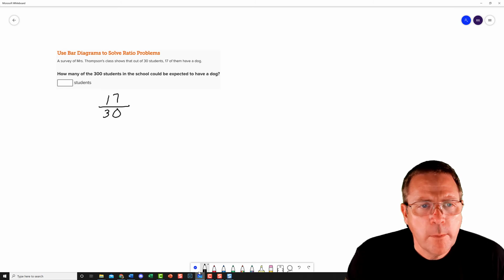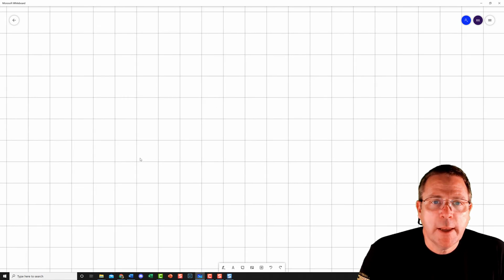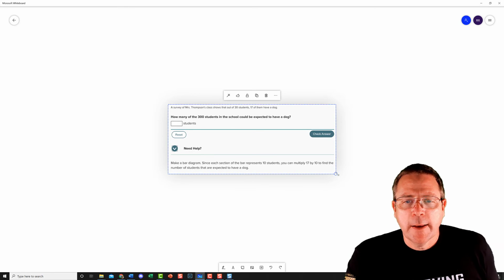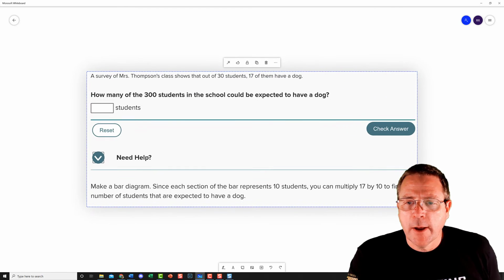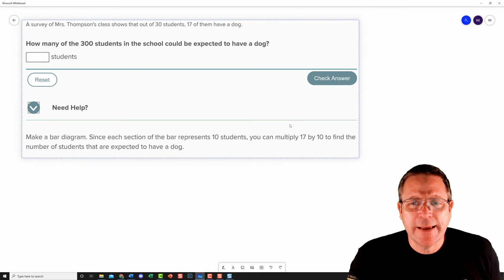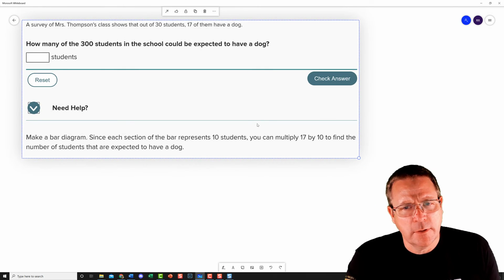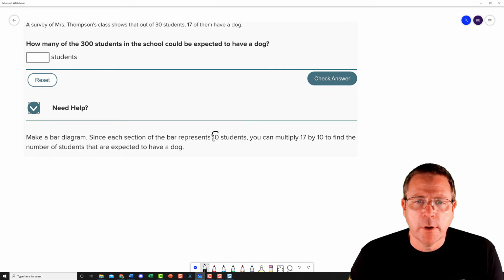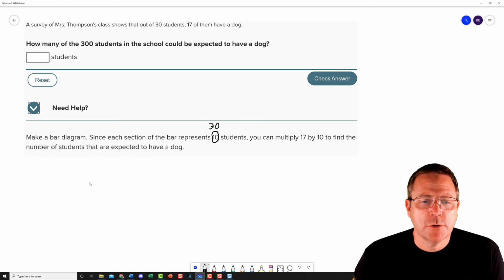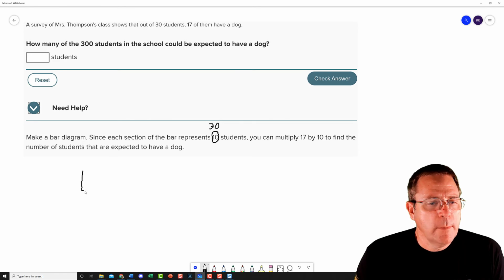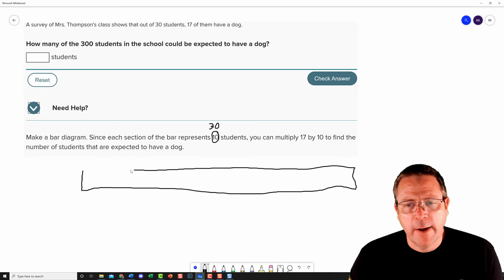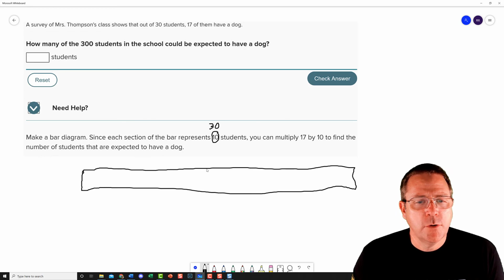Alright, after going back and looking at the problem, I realized that they gave us a really bad example. You see, what they told us was that each section of the bar graph was going to represent 10 students, and that's not going to be accurate because it doesn't make sense. What they actually should have said is that each section should have been 30 students. So we're going to make a big bar diagram here, and we're going to divide that bar diagram into 10 sections.